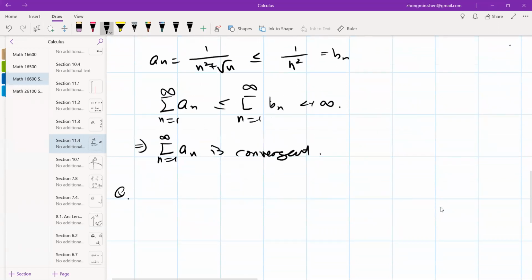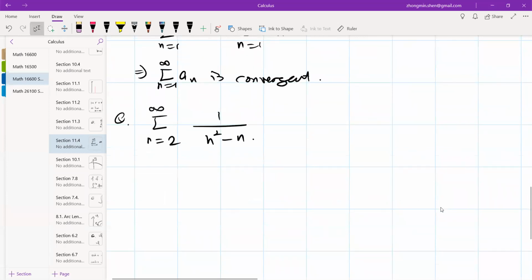But how about this problem? Let's start from n squared minus n. Now, you can use the integral test. You think it's convergent, right? But how do you prove that it's convergent?